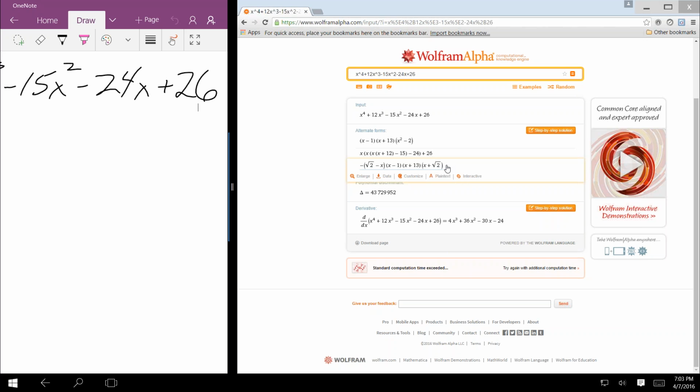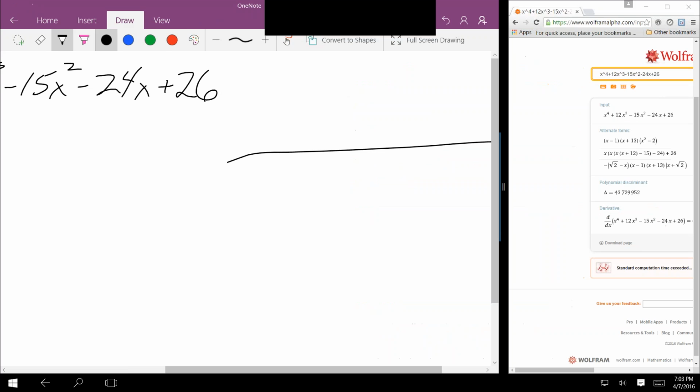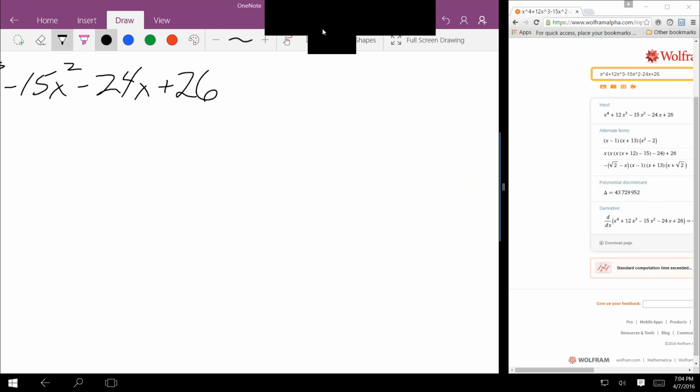In other words, by using the technique, we knew our numerator. Let's go back and look at that technique again, because there are not that many factors of 26. The possible numerators are plus or minus 26, plus or minus 1, plus or minus 13, and plus or minus 2.